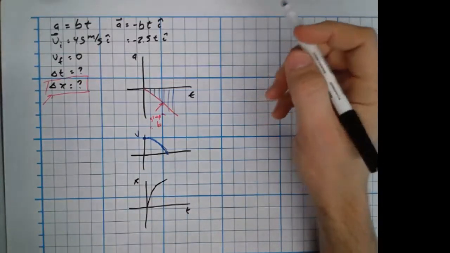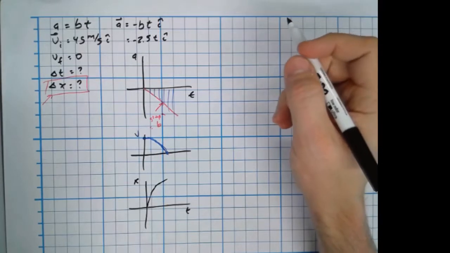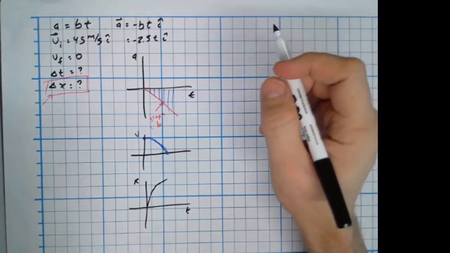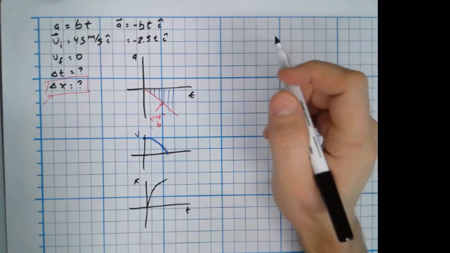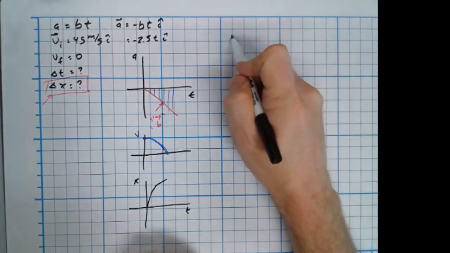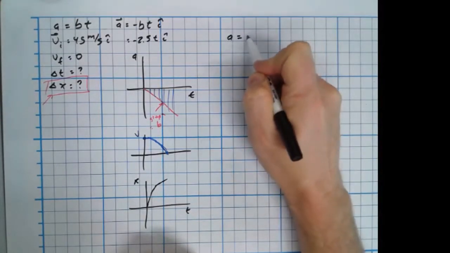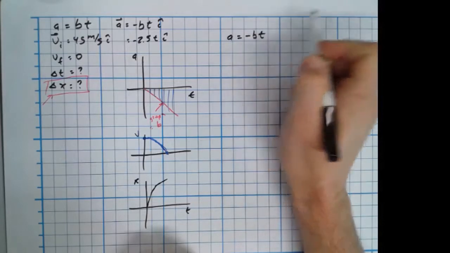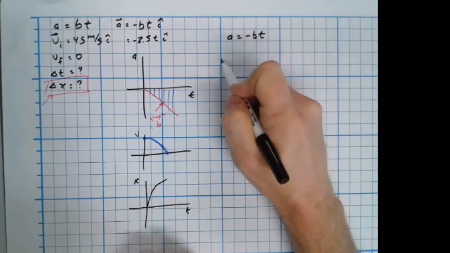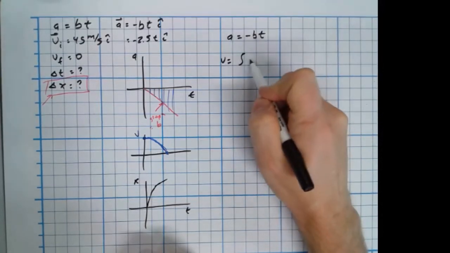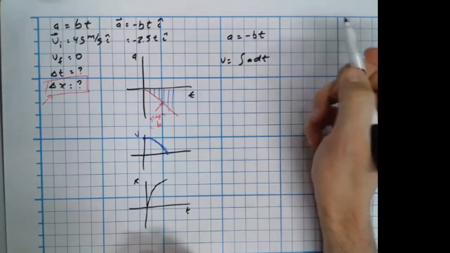Okay, so we're going to do that same progression that we did before for other problems where we're doing integrals to figure out what the velocity and position functions are. So we know that the acceleration function is negative bt, and we know that the velocity is the integral of a dt.